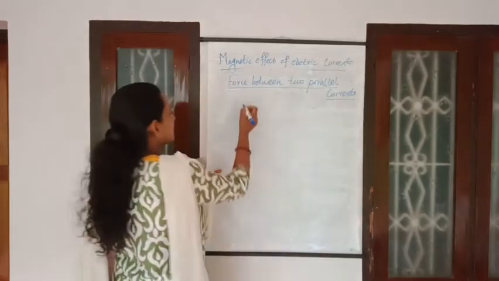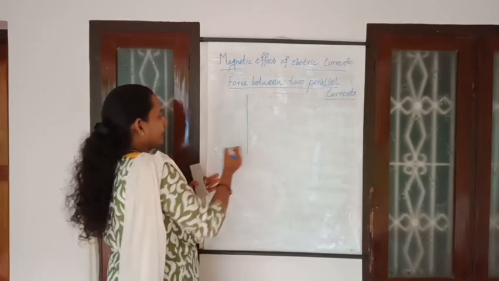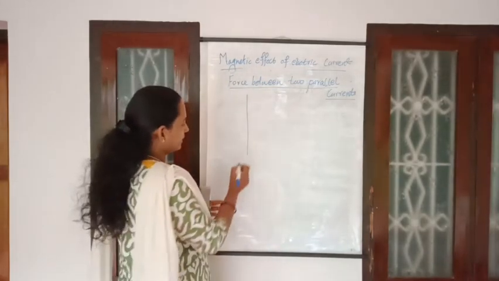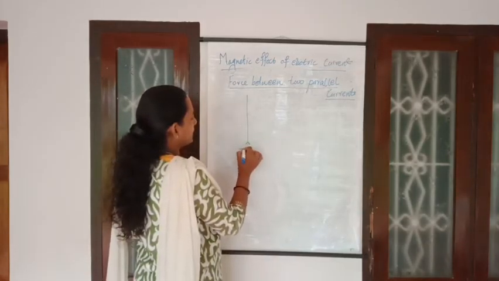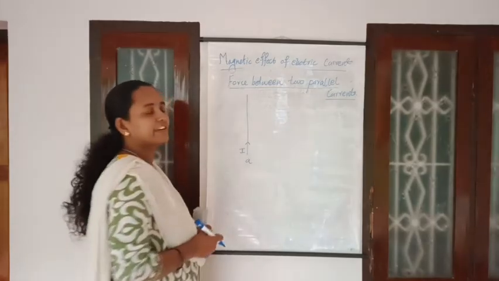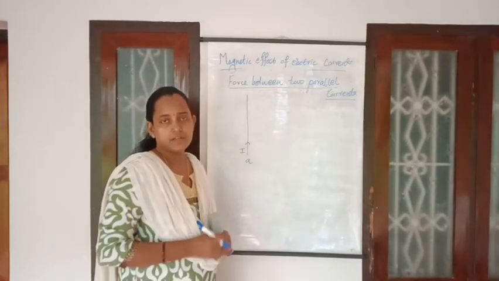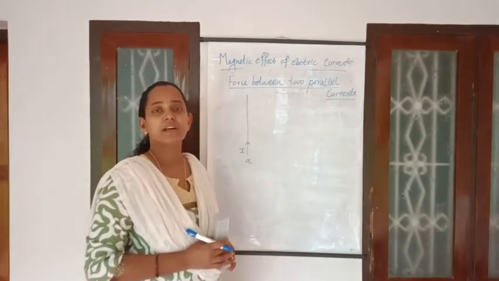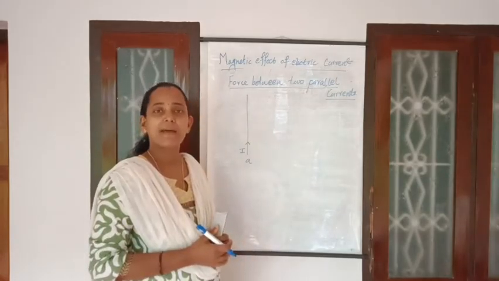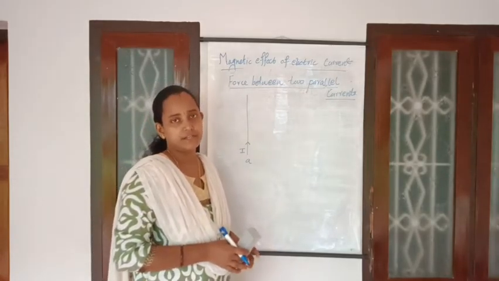we can consider a wire A through which a current I is passing in the upward direction. We know that if a current I passes through a conductor, it produces a magnetic field around that conductor.